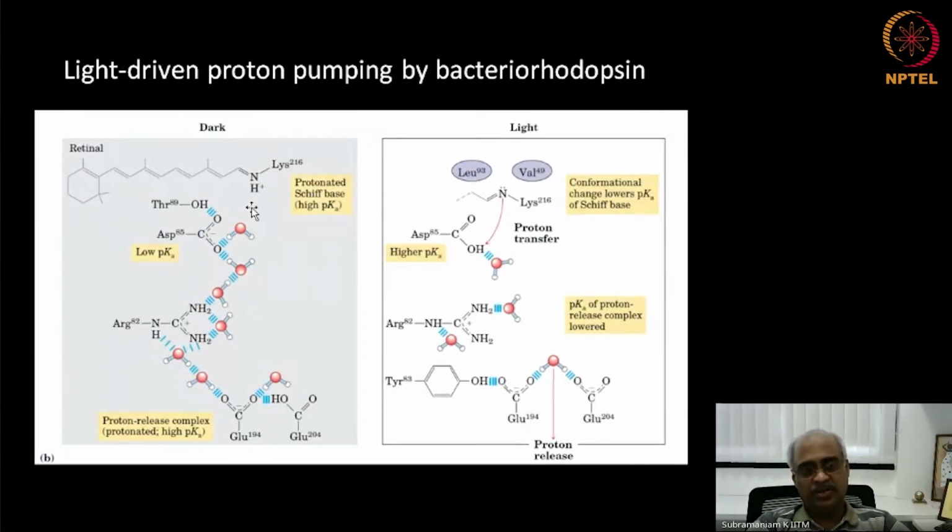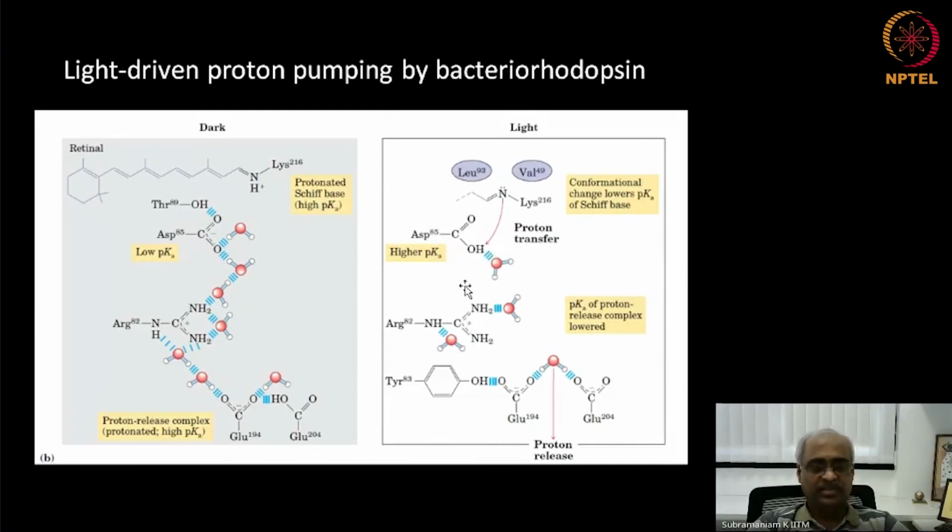And upon illumination, the retinal structure changes such that the amino acid is positioned closer to another one, and that conformation change leads to reducing the pKa of this group, the Schiff's base nitrogen, and that readily donates the proton because its pKa value is reduced, and therefore even at a lower pH it readily donates proton.